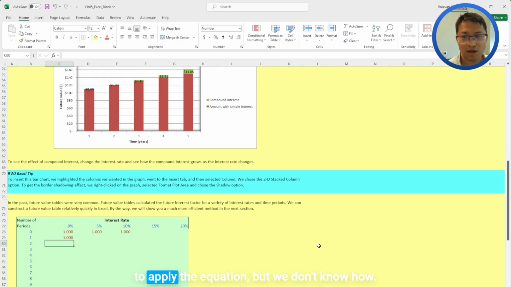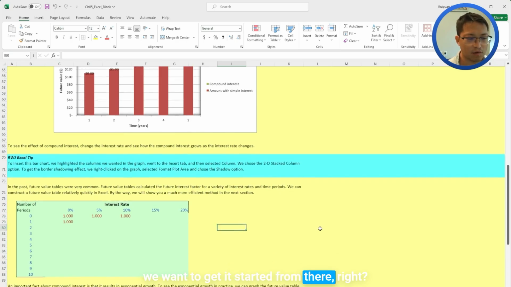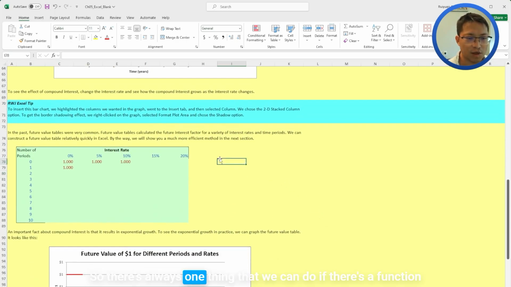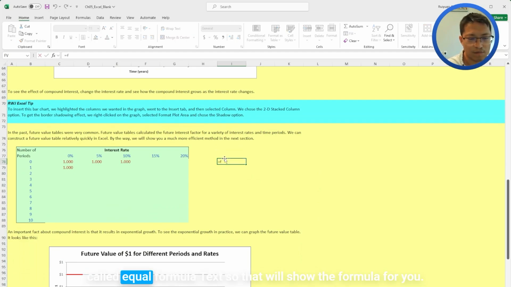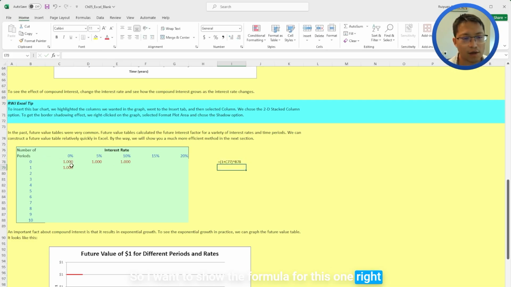So this is always what we want to do. If we want to apply the equation but we don't know how, we can just start from a few cases, and then get it started from there. But there's always one thing that we can do: there's a function called show formula. I will show the formula for you. So I want to show the formula for this one, right?